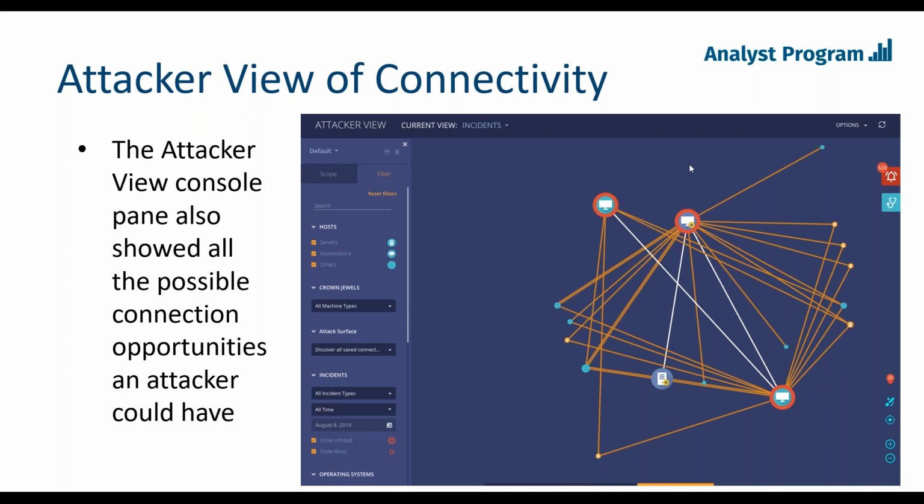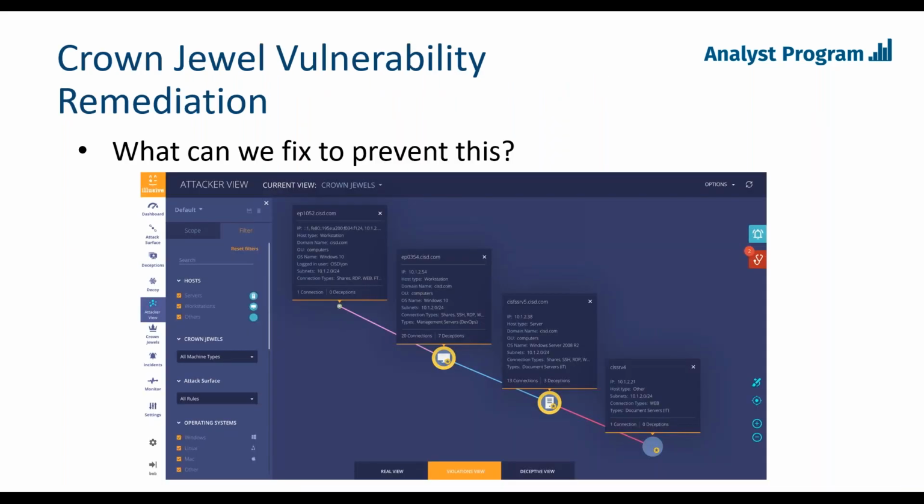What I can't show you is the clicking that I did thereafter that took me into more detailed panes, but you can easily see all sorts of network connectivity options or models presented, and I can click into those and start drilling into specific types of attack paths that might exist. And that brings us back to that attacker view.